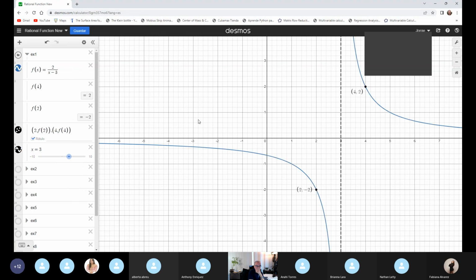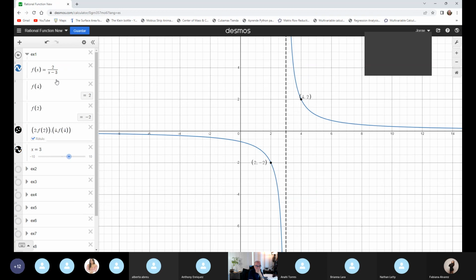Look at the example, my first example today. Okay, I just copy the function, you put f of x, or you put y, either way. The only advantage to using function notation is that you can evaluate directly. Evaluate at 4, plugging in, and 2, plugging in, and you plot the point. And you see clearly, in blue color I put my curve, I put 2 points, and we computed by hand on the whiteboard.